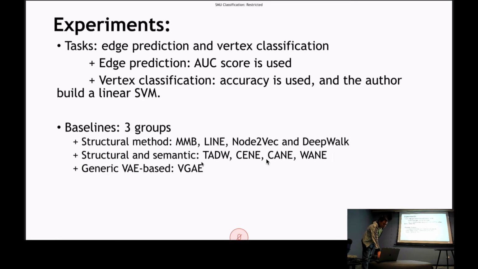And the third group also uses a variational autoencoder, but this paper is only trained so that the vertex embedding only performs based on the task of edge prediction only.